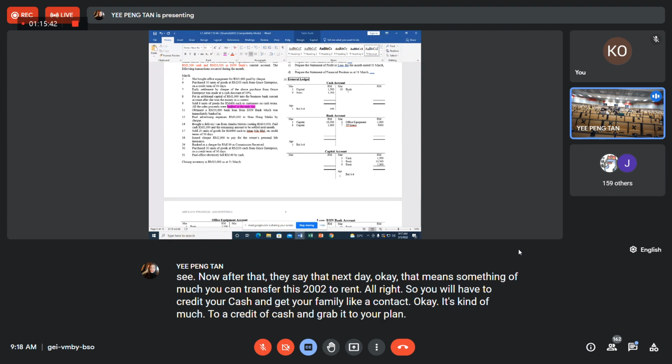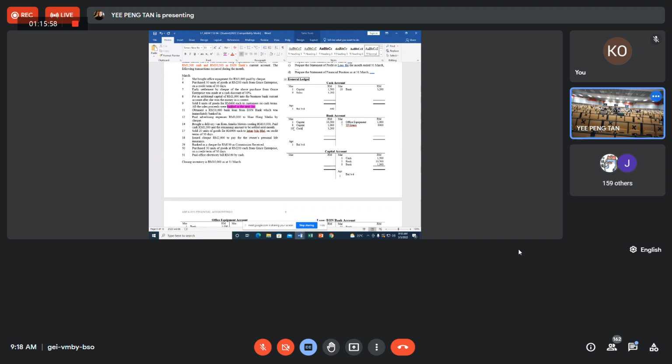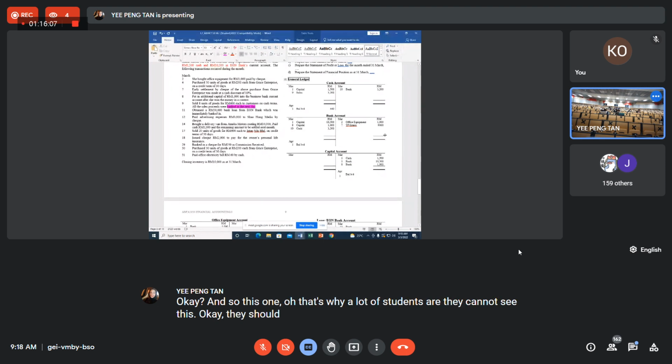On the next day, 10th of March, you credit your cash and debit your bank, 3,200. That's why a lot of students did not see this. They straight away put cash to bank, only debit cash credit sales. They did not transfer to the bank.